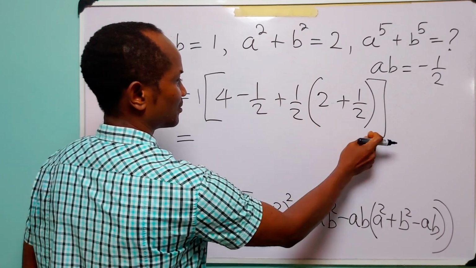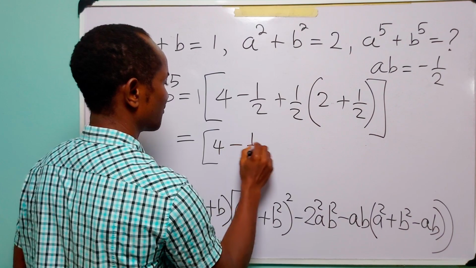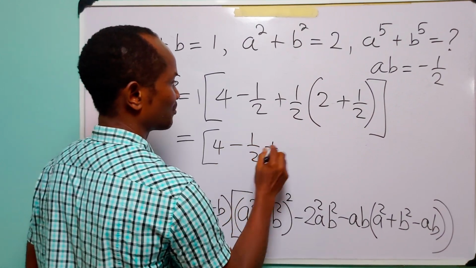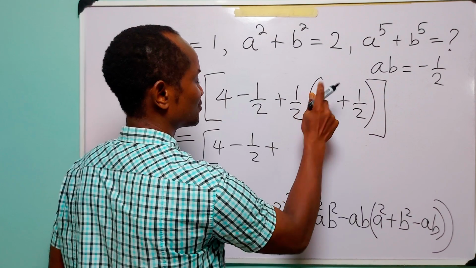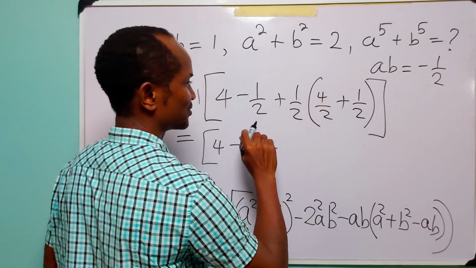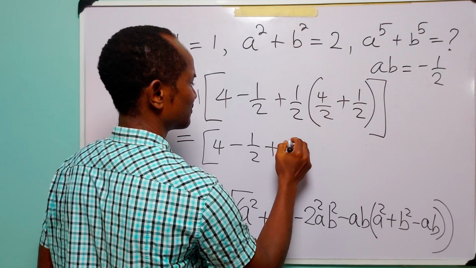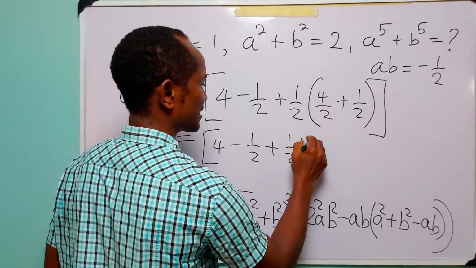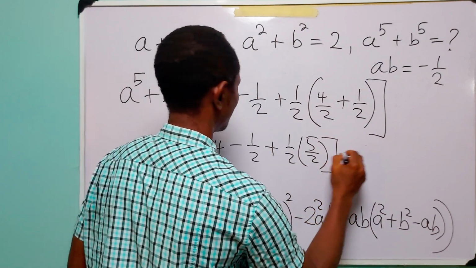Now, first of all, we evaluate this. So we have 4 minus half plus 2 plus half. Let us write 2 as 4 over 2. So here we have 4 plus 1, which is 5. So this is going to be half times 5 over 2.